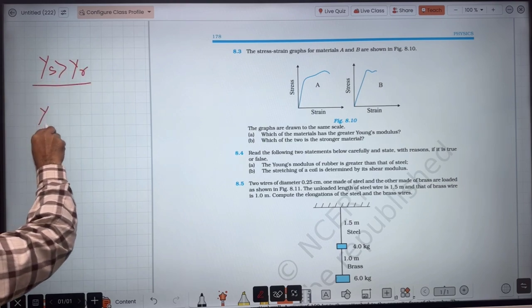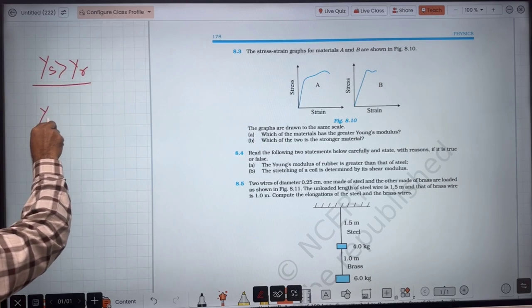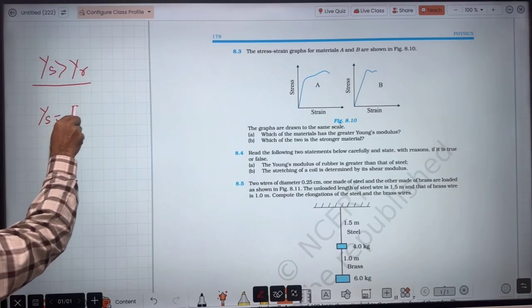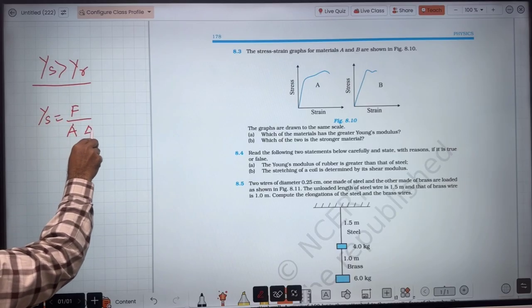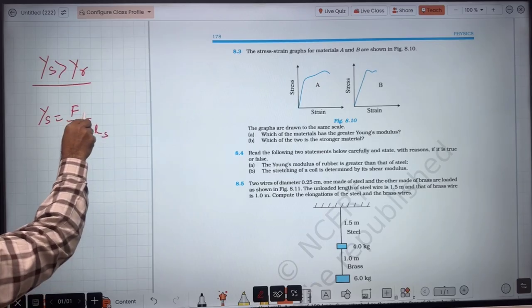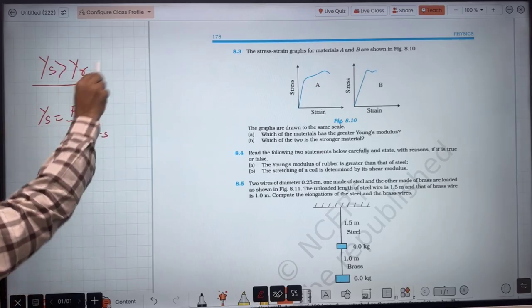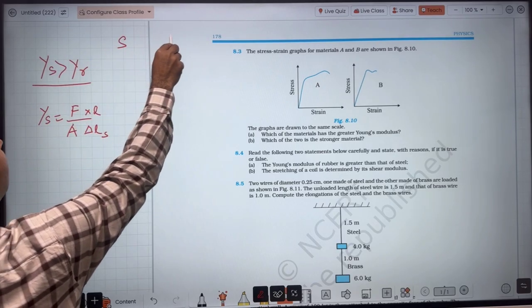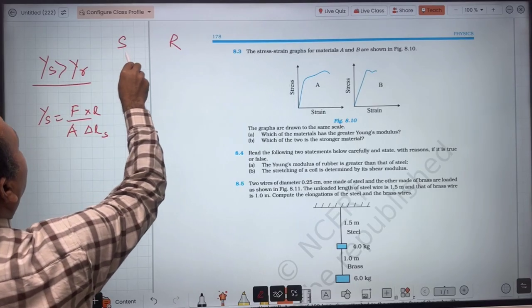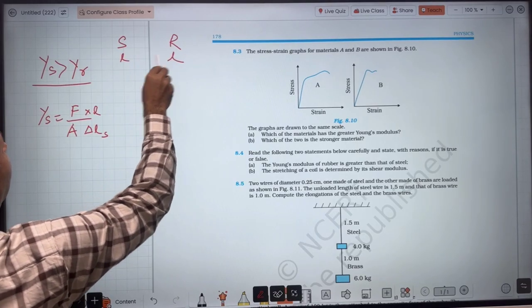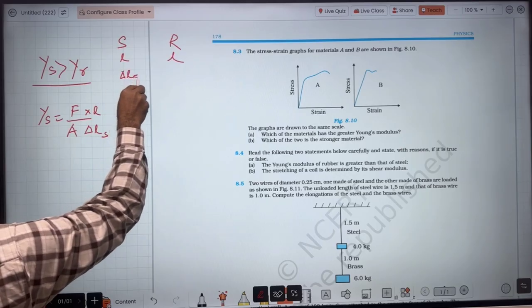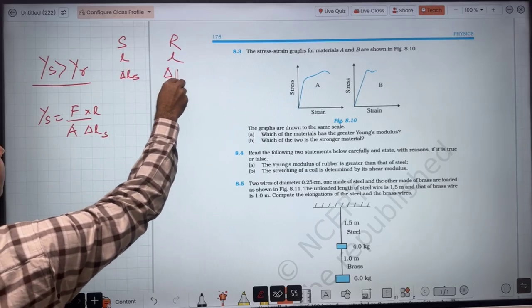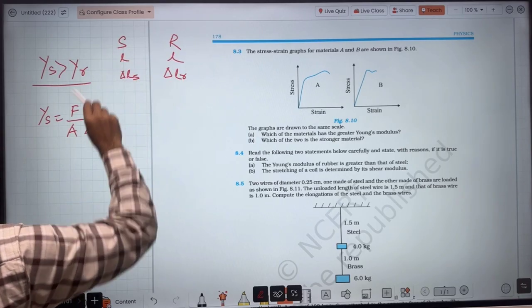So we apply the formula Y steel equal to force upon area, and delta L steel, and this is L. The situation is like this: for steel and rubber, the same length is taken, and the elongations are delta L steel and delta L rubber.